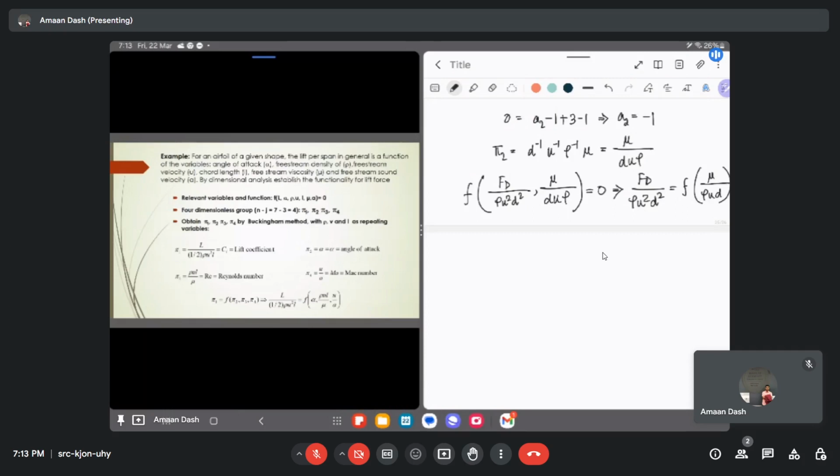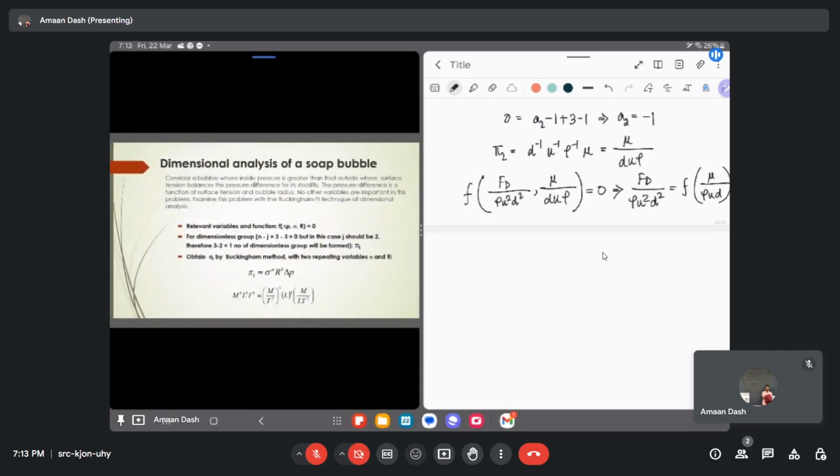You can try to solve this question. So here we will be having 4 non-dimensional parameters. And you can also try to solve this question.